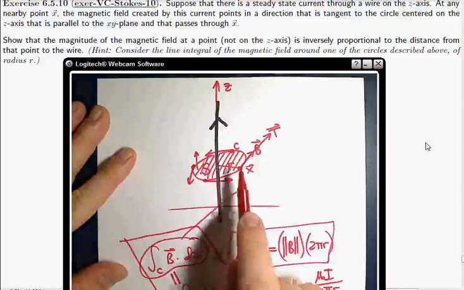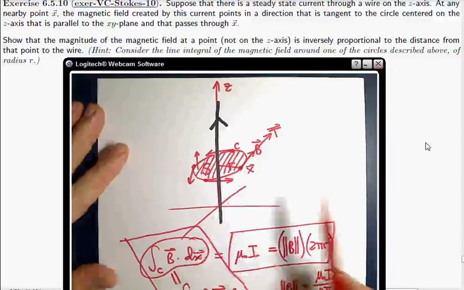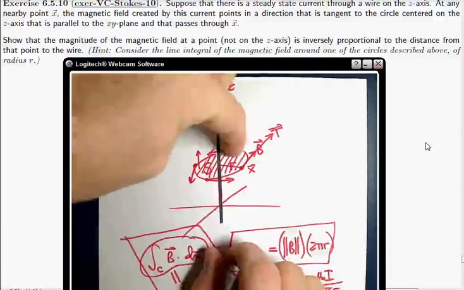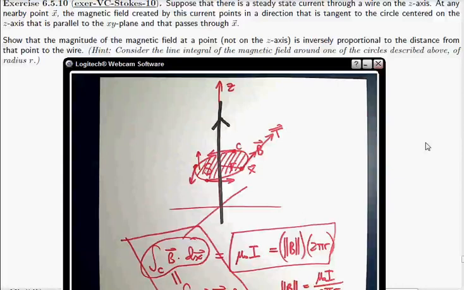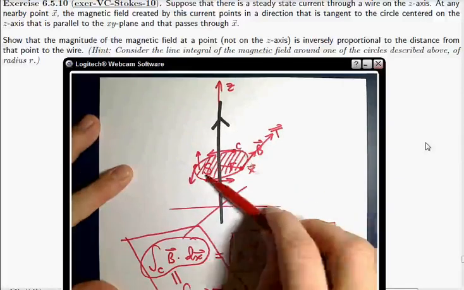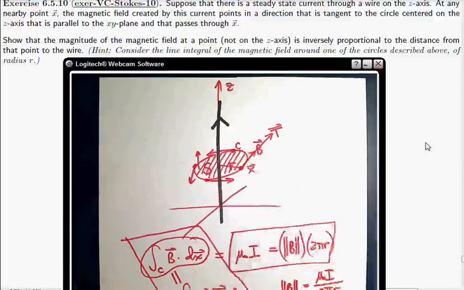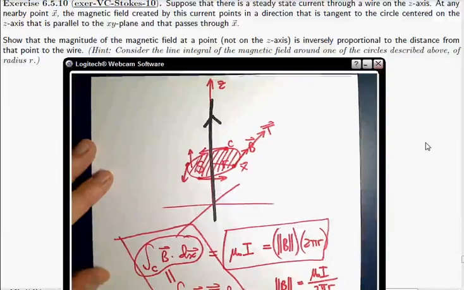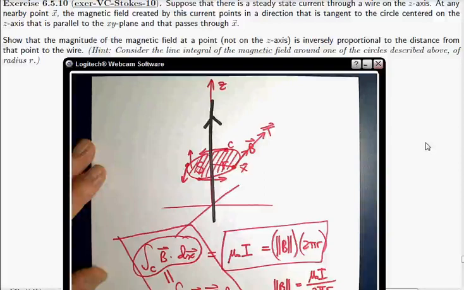So what that means is, as you rotate that magnetic field around the z-axis, nothing happens. And that means that the length of the magnetic field is the same all the way around. So it's a subtle point, but this is a true fact about this situation. Does that make sense?